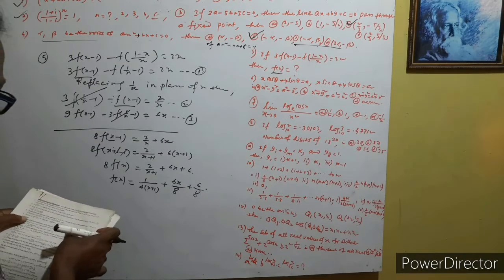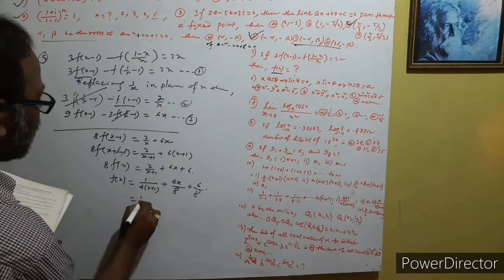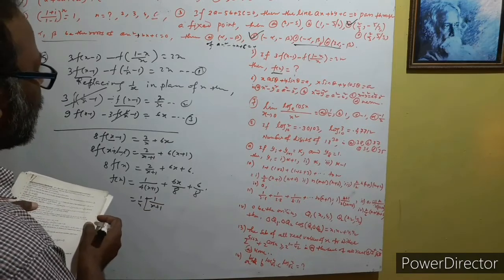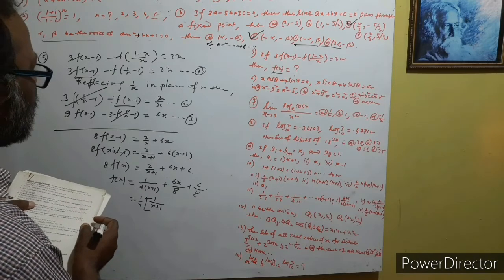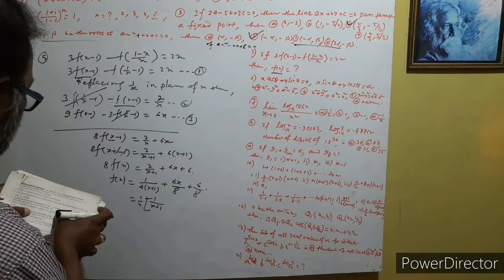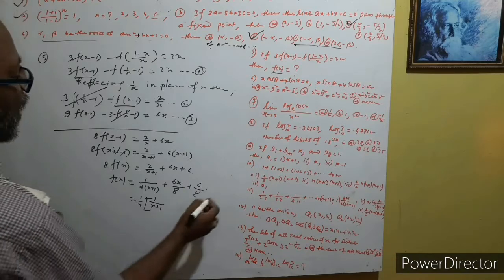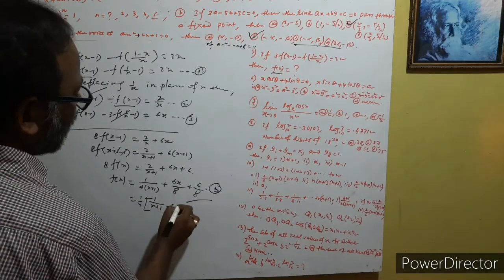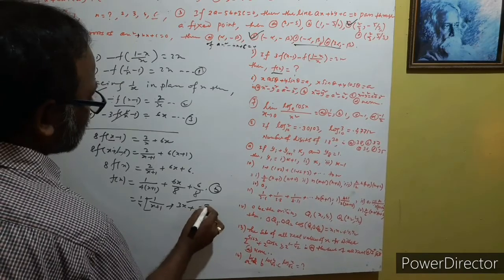The option is 1/(4(x + 1)), then 1/4, and this is 3x/4 and 3/4.